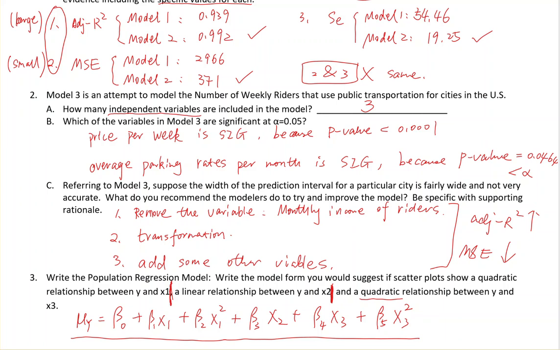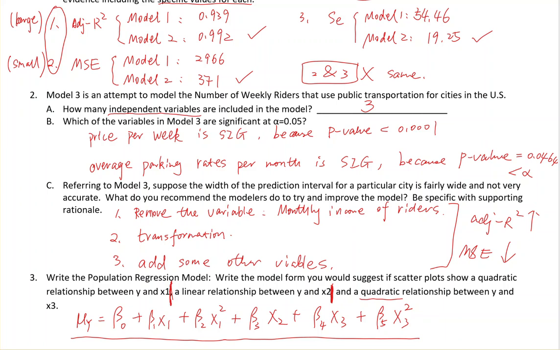So why I want to add this question into this assignment is that I want you to learn about something. It's about why we always talk about the population model and the sample regression equation. What's the difference between these two?